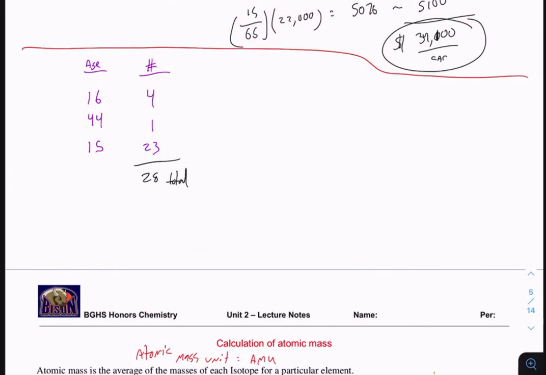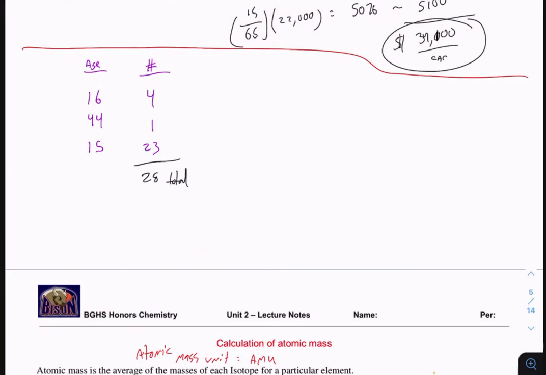And there are three categories. So the age, you don't need an average for the age in this case. We're just going to leave it at 16, 44, and 15. But what do we do now? Why did we have to add up the total? What are we going to do with that? Abundance, right.